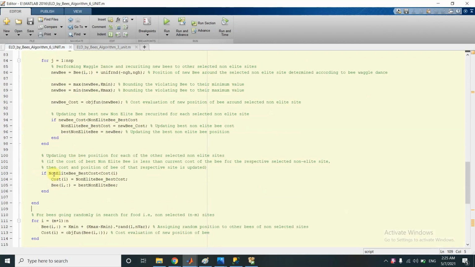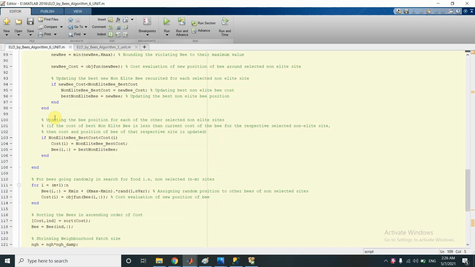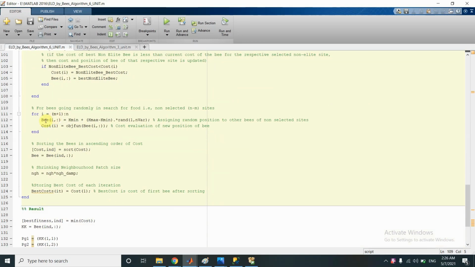And after completion of this if statement, this non-elite side for loop will also be completed. So with the elite side for loop and non-elite side for loop completed, we now move into the third part of our B algorithm main loop, and that is for the bees that were sent to go in random direction and search for better sources of food or better location of food source.